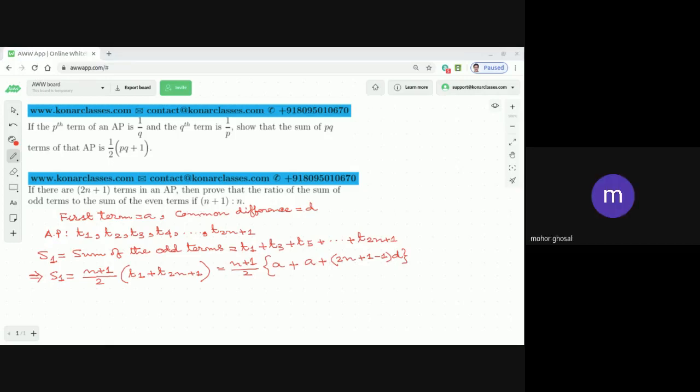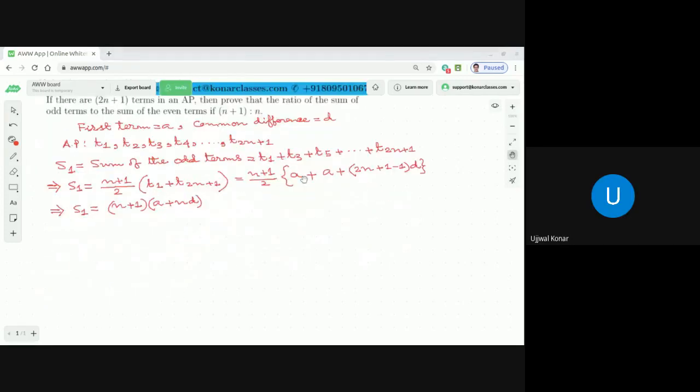So from here, what is the value of S1 we are going to get? The value of S1 is n plus 1 into a plus nd. Correct or not? n plus 1 into a plus nd. Clear or not clear? Okay.